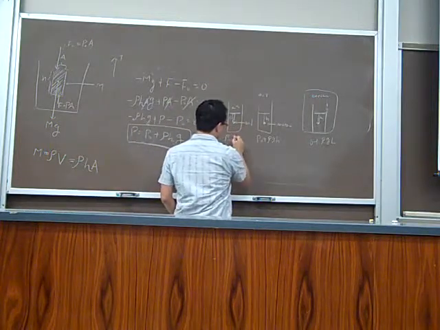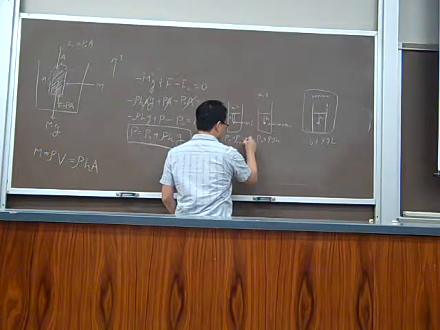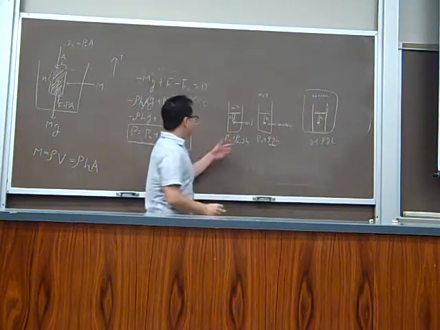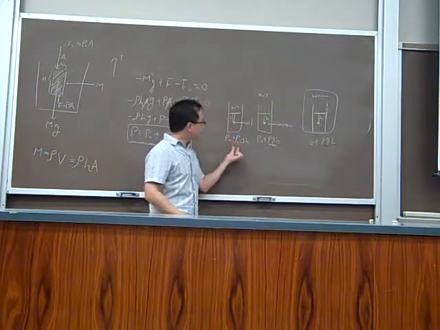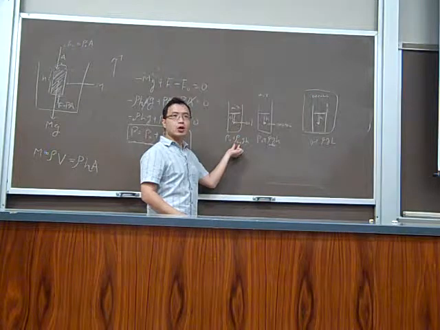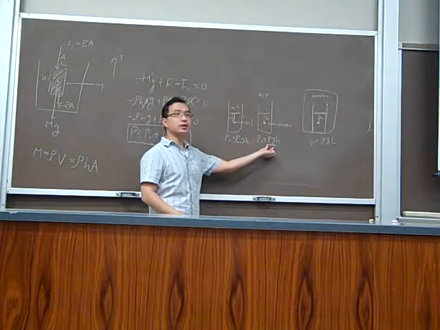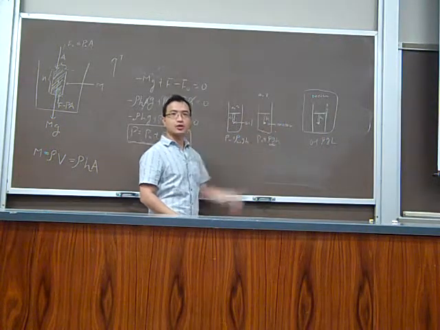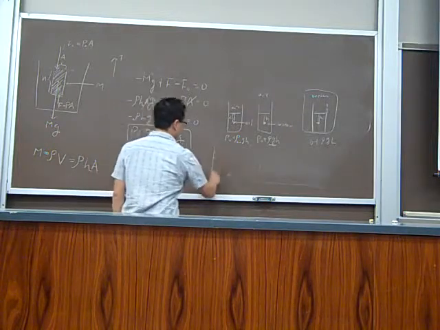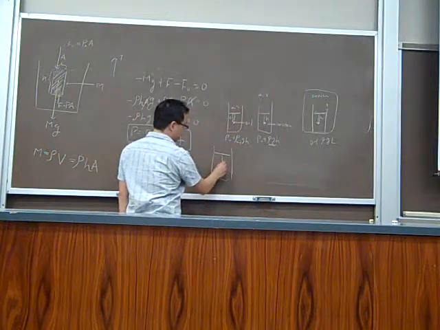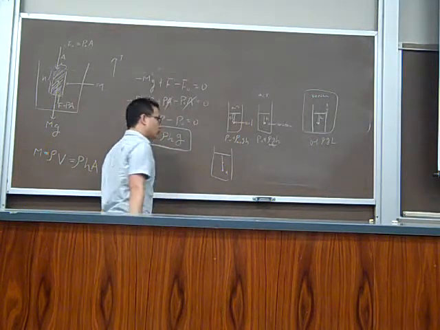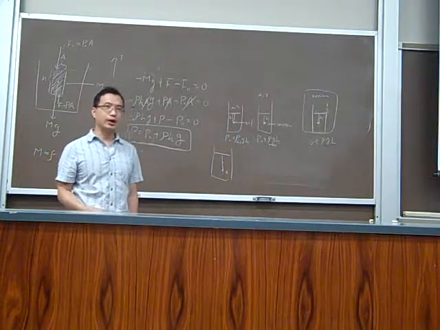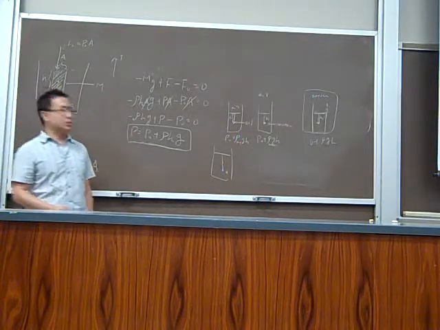Water, okay. They have the same surface pressure, air pressure, but this one is calculated from the density of oil and this one from the density of water, and the density of oil is smaller than the density of water, right? So this is larger. Okay. And of course, in the same cup, if you compare point 1 and point 2, which one has a larger pressure? Point 2. It depends on the depth.